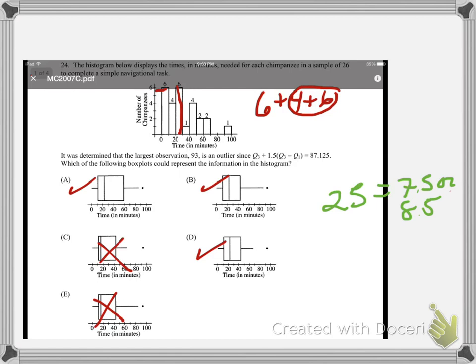So let's look at the numbers here. We got 6 for the first guy, then plus 4, that gives me 10. So therefore I know that the Q1 has to happen here at the 10. So let's look here. That has a check. This has 1 here between the 10s. And this guy does. No, darn it. We got them all wrong.